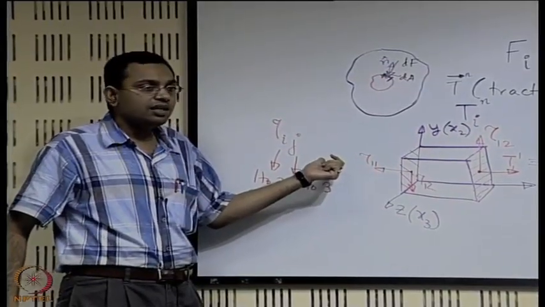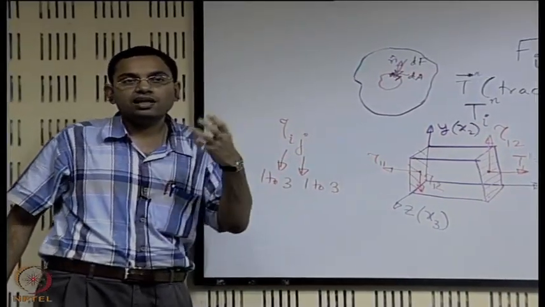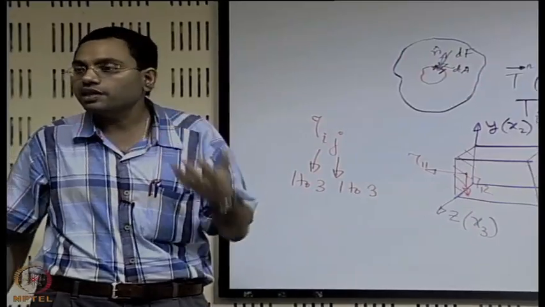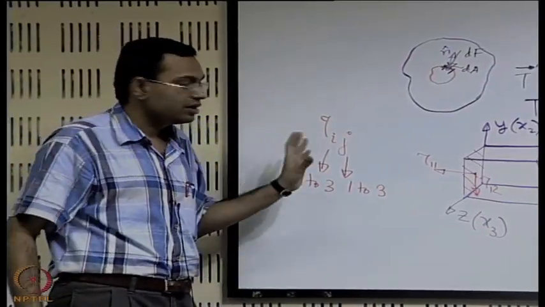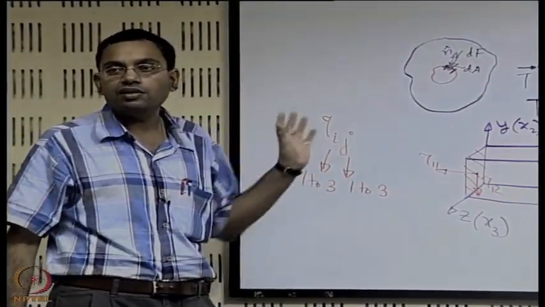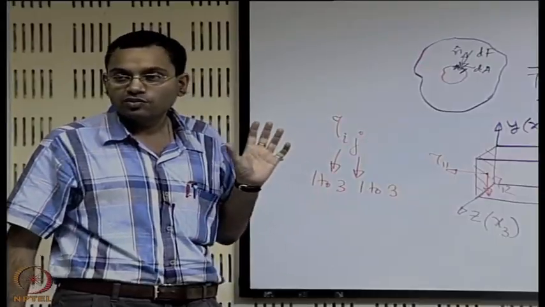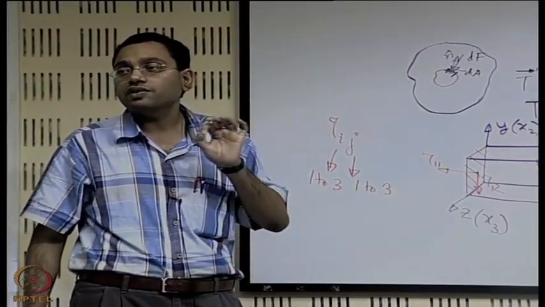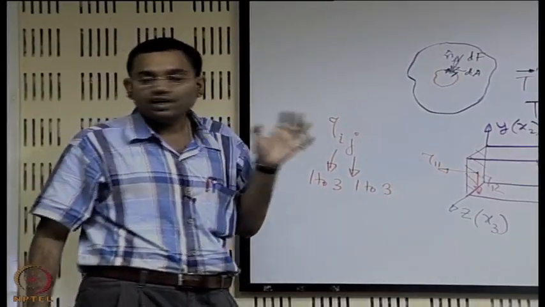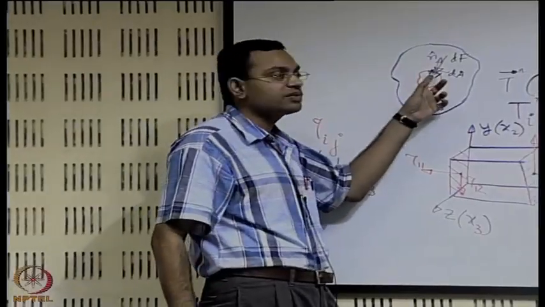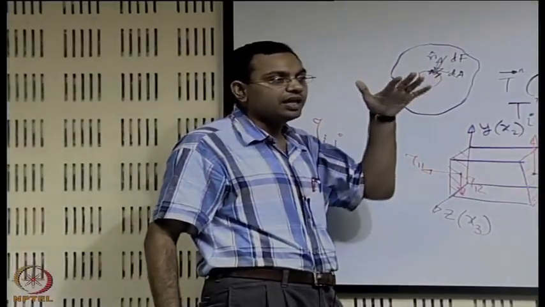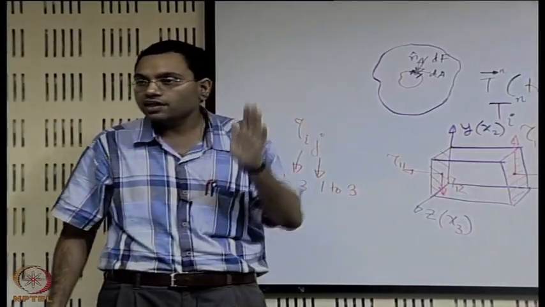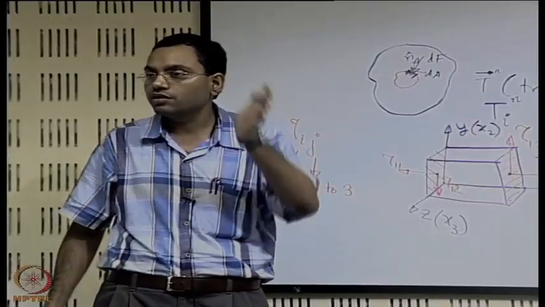We will later on see that actually out of these 9 you have 6 which are independent, and utilizing those independent 6 components which are called as components of a stress tensor, we can actually find out the state of stress for any arbitrary plane which is neither oriented along x nor y nor z.